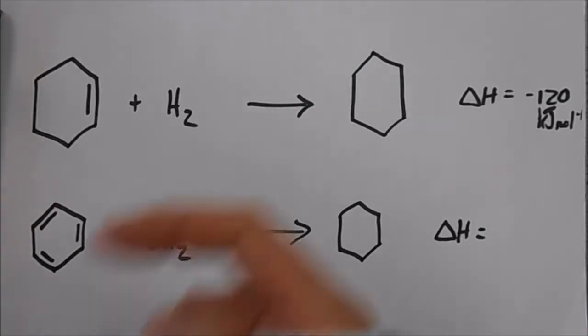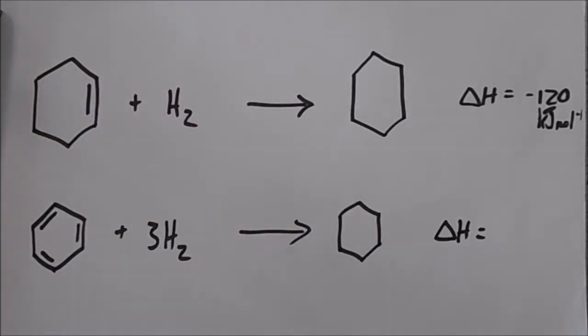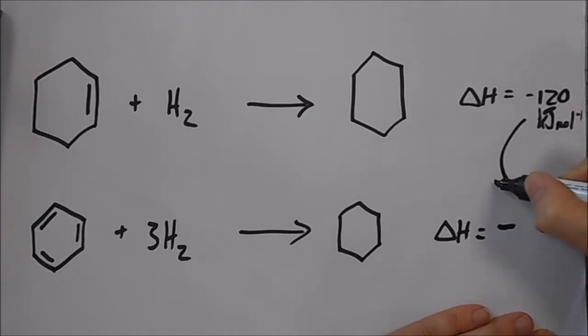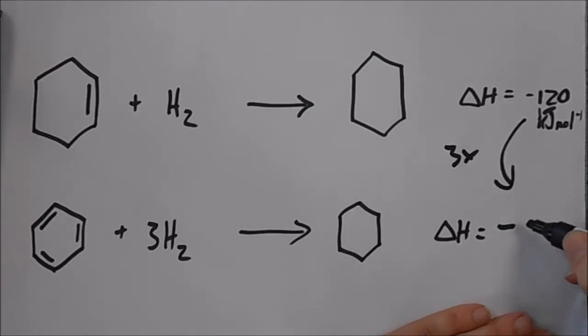Now, if you had 3 times the carbon-carbon bonds as Kekulé's benzene does, you would need 3 times the hydrogen, which is true, we do. But what you'd find is that you would predict 3 times this. And so we would end up with a predicted value of 360 kilojoules per mole.